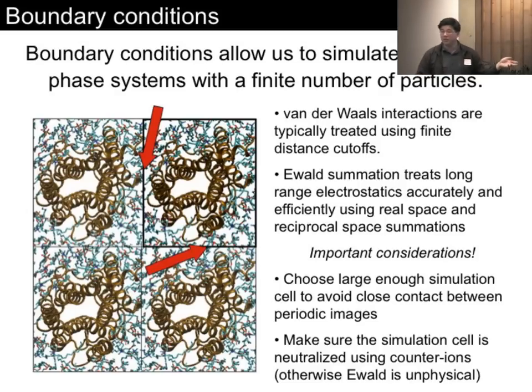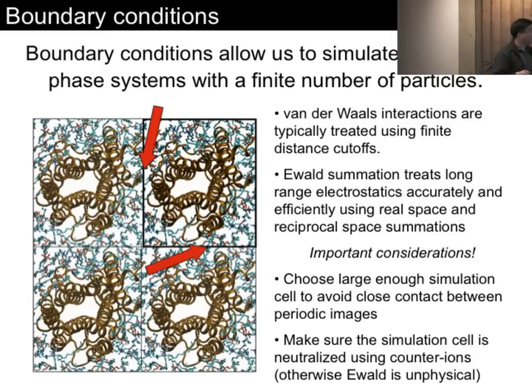So the typical way to do this is to invoke periodic boundary conditions, and that means that when your simulation is represented by one of these boxes, the equations that are actually being integrated contain these periodic replicas of the boxes. So the atoms on the edge of the periodic box are actually interacting with the periodic images of the atoms on the other side of the box.